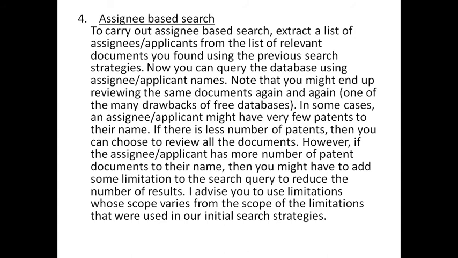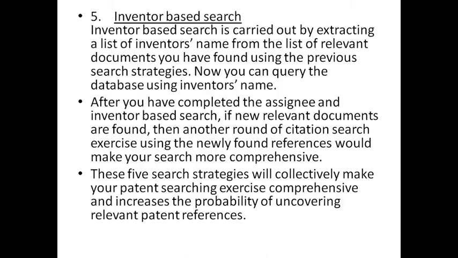Assignee based means extracting the list of assignees and applications. From that application or assignee, we can find out whether anybody registered, what the topic is, which class they registered in, everything. Inventor based means the name of the person, the inventor. Put in some names, for example Thomas Alva Edison.